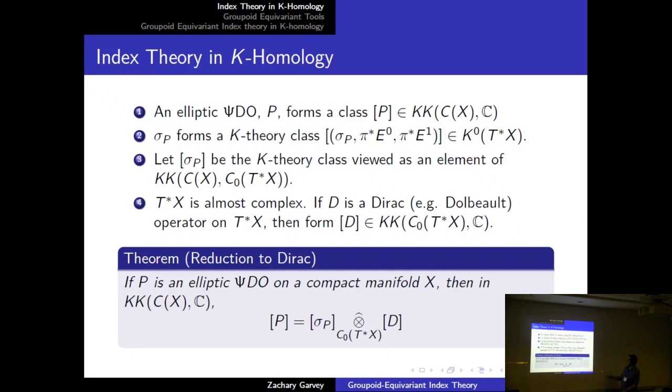And what you should notice is that this C-star algebra and this C-star algebra are the same, so you can take the product of these two things, and it turns out that this product is the K-homology class of P. So it's another kind of factorization of, if you think of this as being some kind of generalized index for P, a factorization of that into basically something coming from the symbol of P and something coming from the manifold T*X.